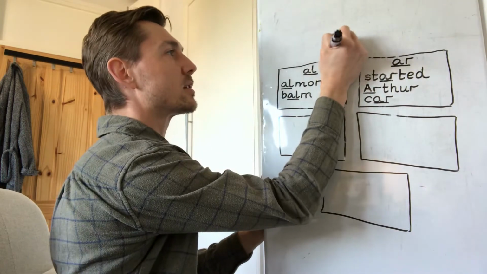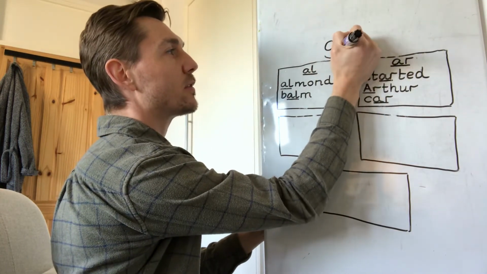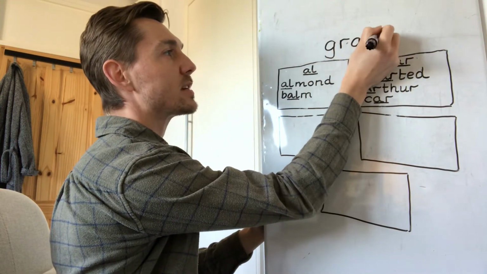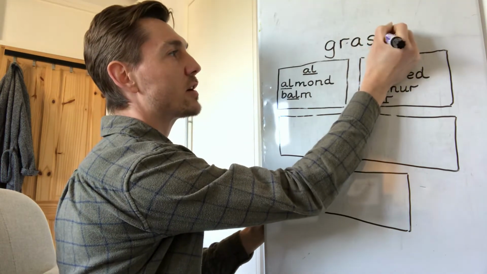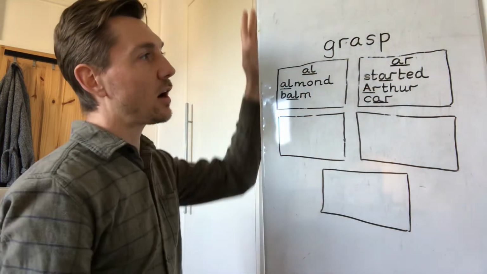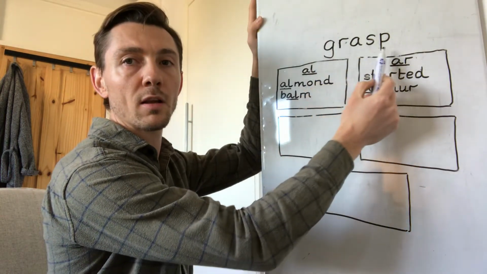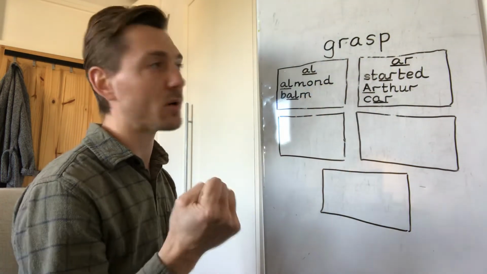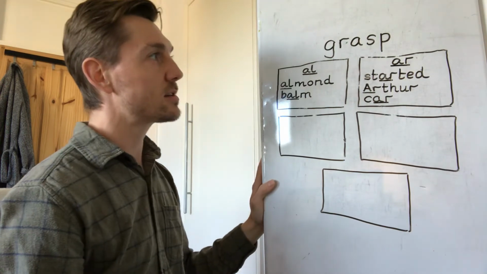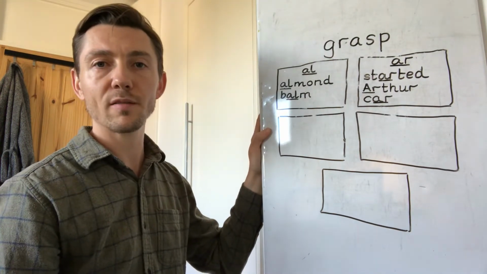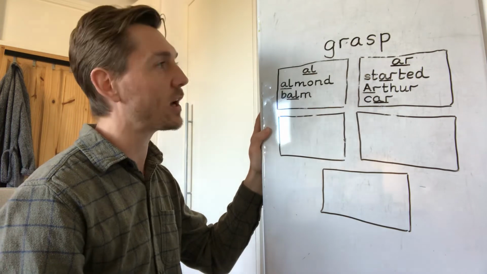Next words. We've seen these before half term, so they should be refreshing your memory now. After 3, the word is 1, 2, 3. Grasp, the verb to grasp onto something, to grab it. So we have another new spelling of the R sound, don't we, here?